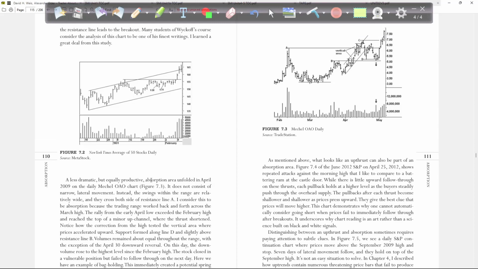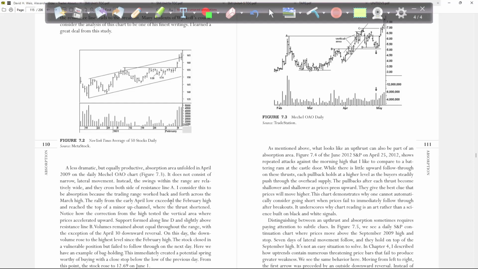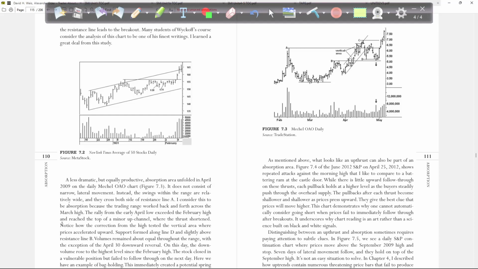Instead, the swings within the range are relatively wide, and they cross both sides of resistance line A. I consider this to be absorption because the trading range worked back and forth across the March high. The rally from the early April low exceeded the February high and reached the top of a minor up channel.